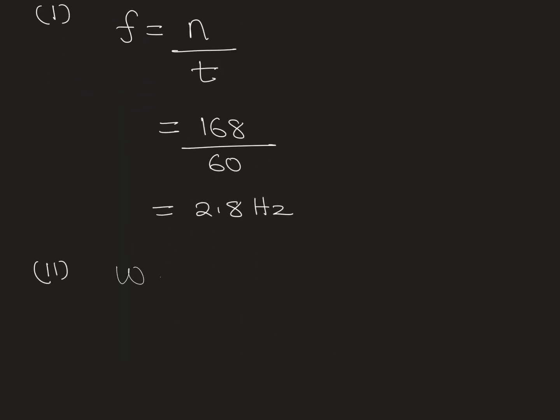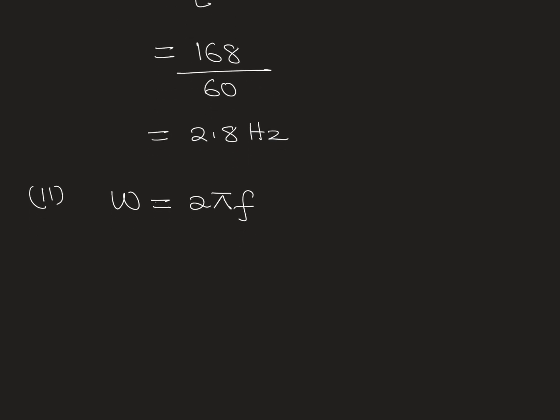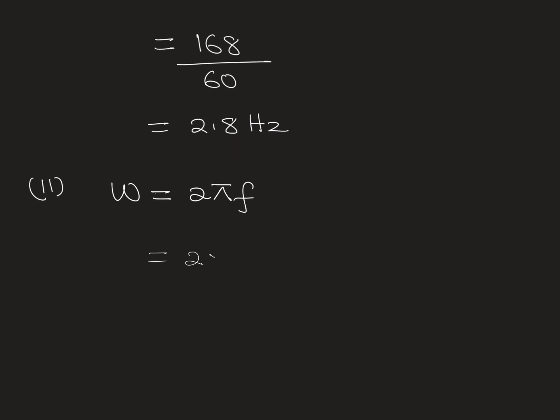Okay. So question 2, we want to find the angular velocity. The angular velocity is equal to 2 pi f. So that's going to be 2 times pi times the frequency, 2.8. 2 times 2.8 is 5.6 pi. So we can say 5.6 pi radians per second.